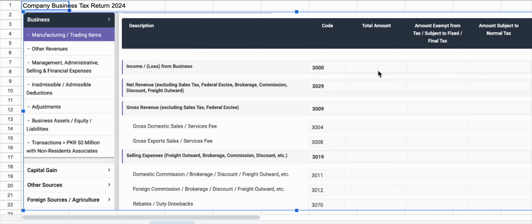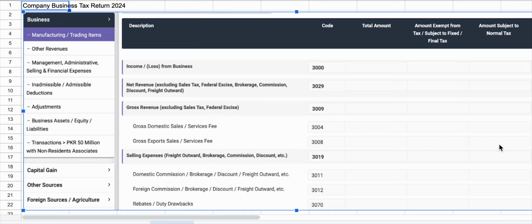The other structure is that this first column is important. All the sales data will come here, and these two other columns depend upon the law. Some income is taxed on a gross basis. So for that we will enter that amount once here in the total amount, and a second time here in the exempt amount, and it will not be subject to normal taxation. But otherwise, if any sales income is not exempt or not subject to final taxation, it will not come in this middle column.